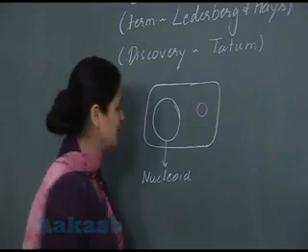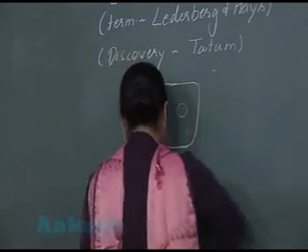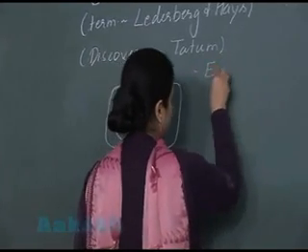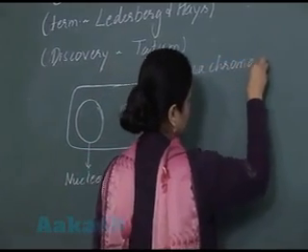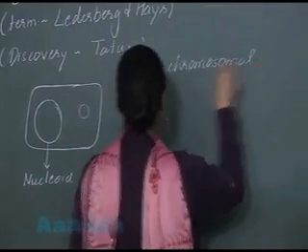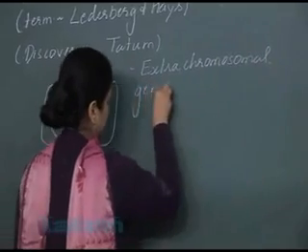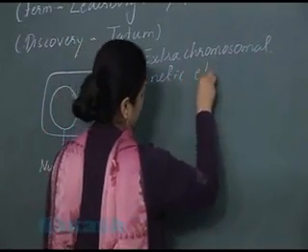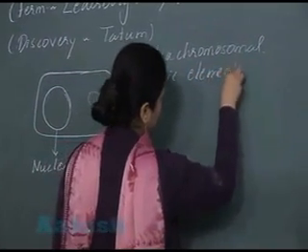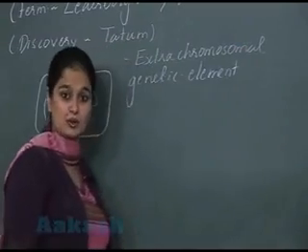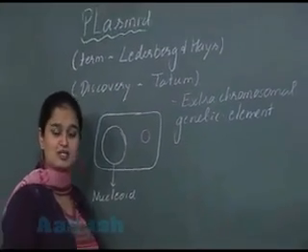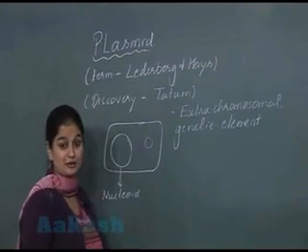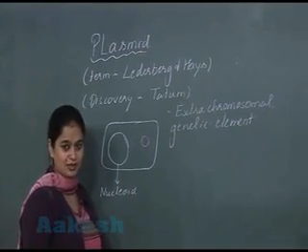So what is plasmid? Plasmid is an extrachromosomal genetic element or extra DNA.